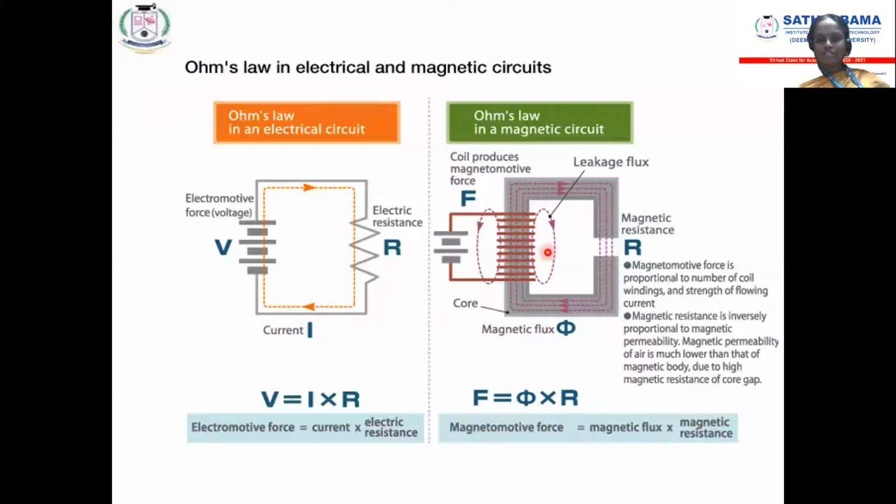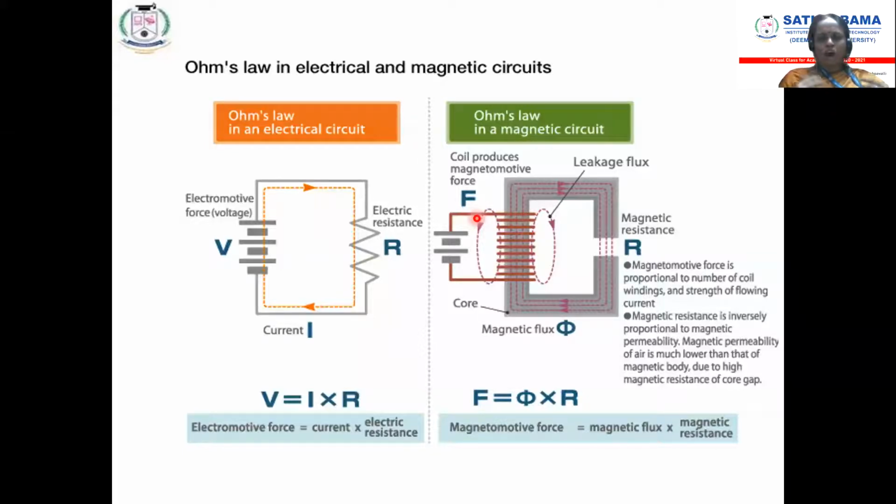Now just see this is my magnetic material, any ferromagnetic material. I wound a coil around the magnetic material. Just look at this figure. I have wound the coil and I am applying my DC supply. Once I apply the DC supply, the current will flow through any closed path.